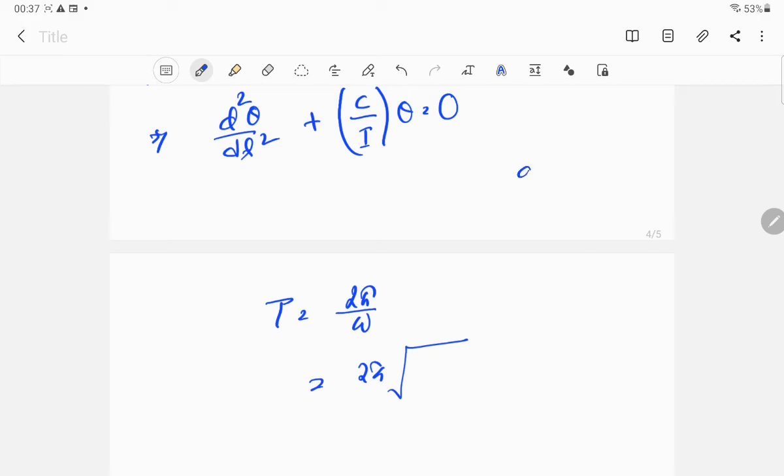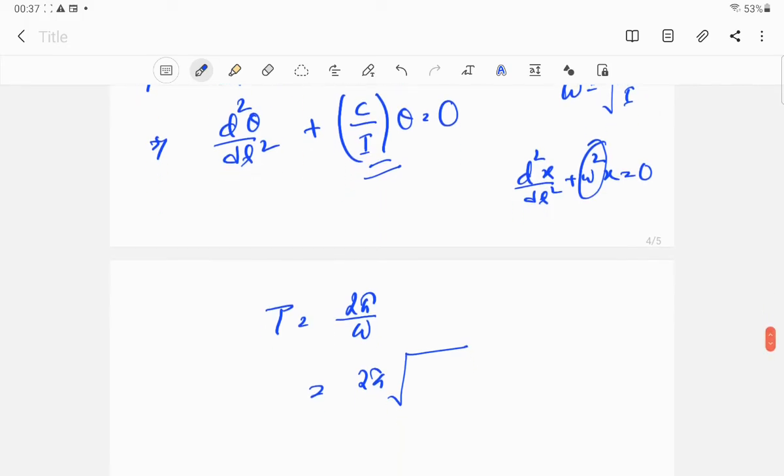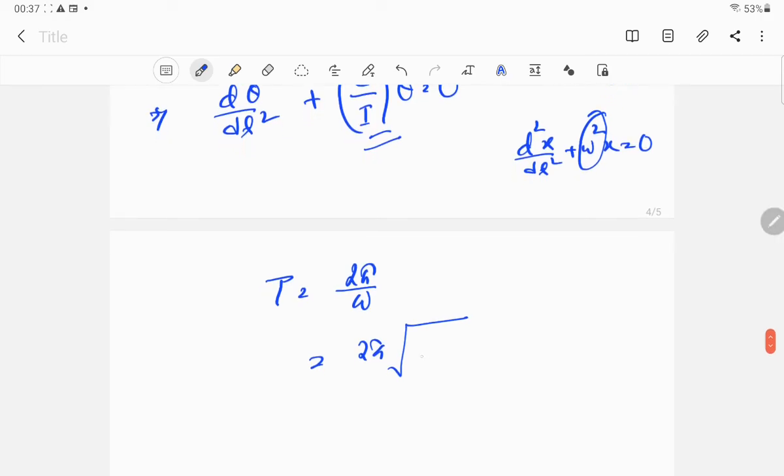This is like the standard equation d2x by dt2 plus omega square x equal to 0. So omega is nothing but the square root of C by I, and the time period is twice pi times the square root of I by C.